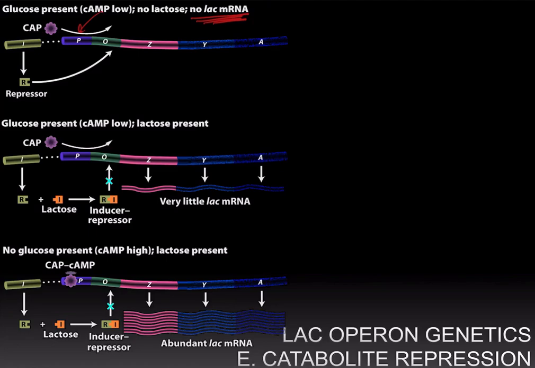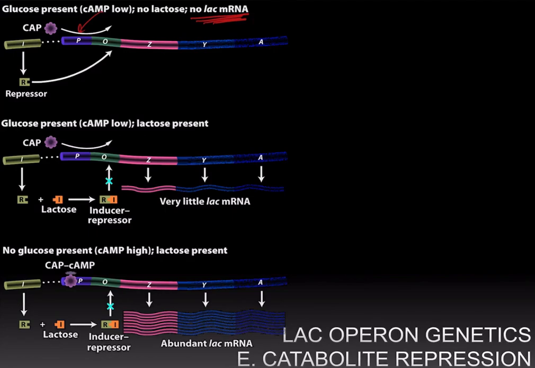And the last situation to consider is if there is no glucose available to the cell and the only source is lactose. Since there is no glucose, ATP can get converted to cyclic AMP, and there are a lot of cyclic AMP CAP complexes, and they will be able to bind the CAP binding site near the promoter and cause the DNA to bend and thereby recruit a lot of polymerase.